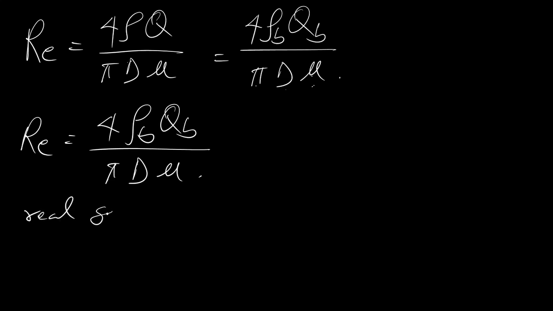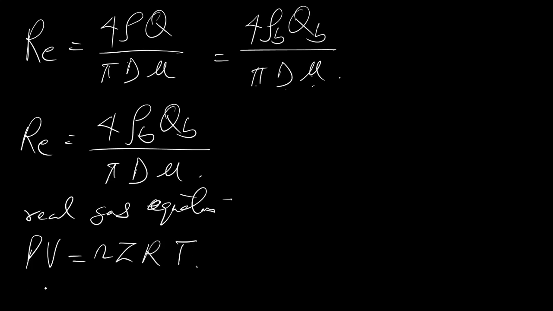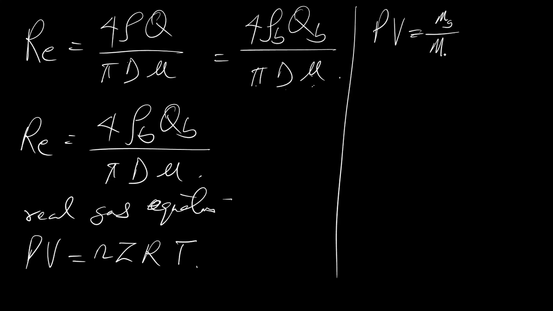Now, applying the real gas equation, where you have the product of pressure times volume equal to the number of moles times Z times R times T. We also know that the number of moles is equal to the mass of the gas divided by the molecular weight of the gas, times Z times the gas constant times temperature.